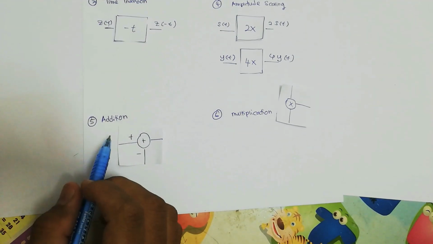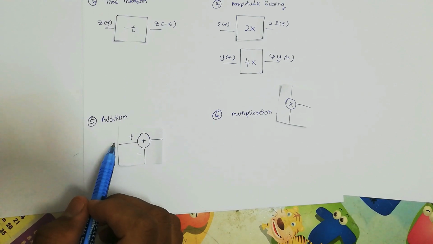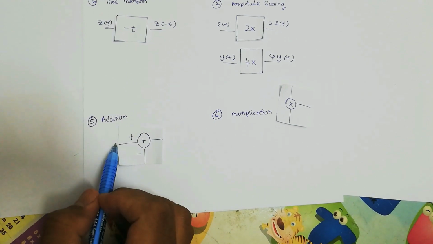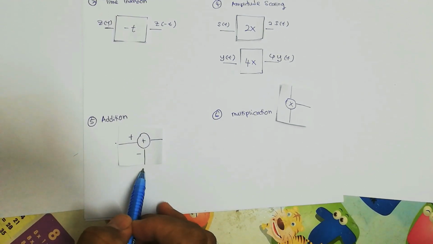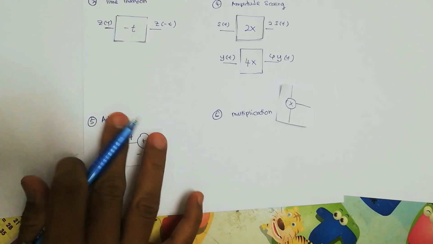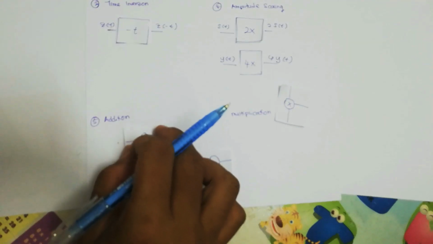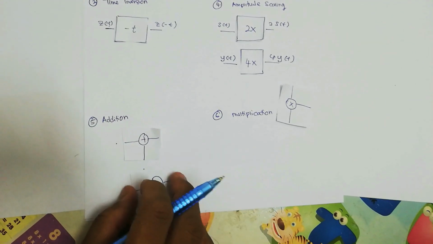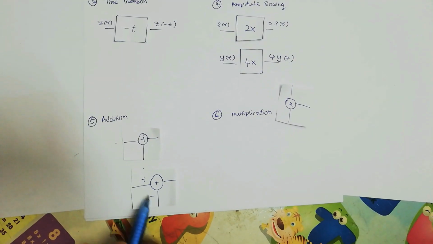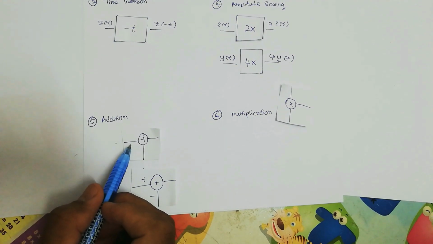For addition, of course, addition involves two inputs. We have the first input here and the second input here. Look at the notation of the system. I'll take this one first.